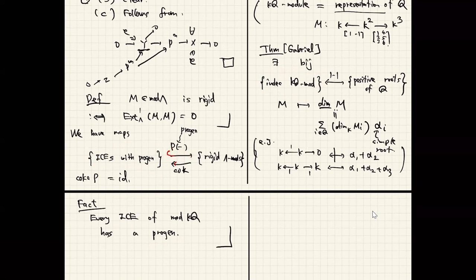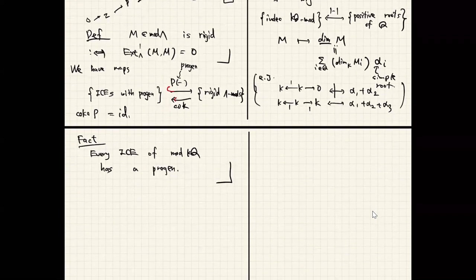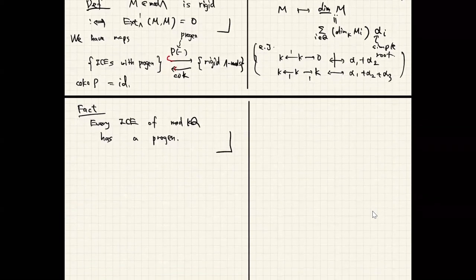But for the path algebra case, it turns out that the image is just the whole set of rigid modules. Before saying that fact, we introduce the result of Ingalls-Thomas, which gives a classification of torsion classes, not ice-closed subcategories.